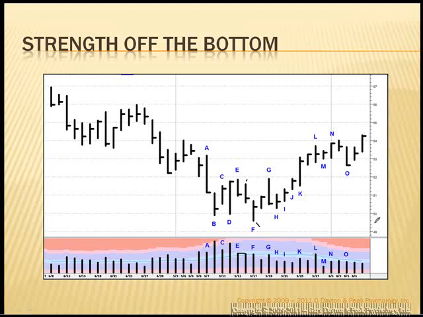Average size bar, closing near the high on average volume. Right. Anybody else? What's the significance of this bar?